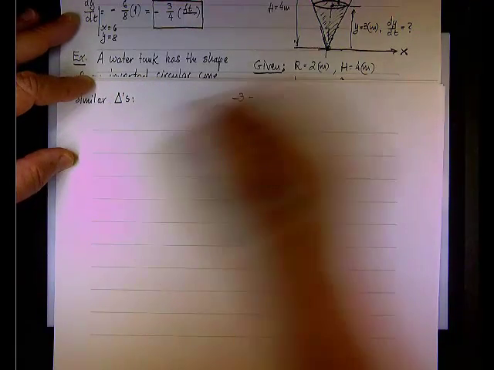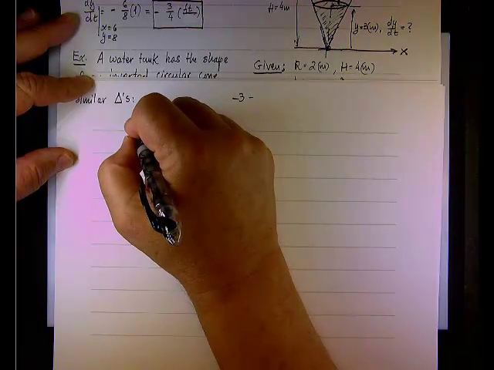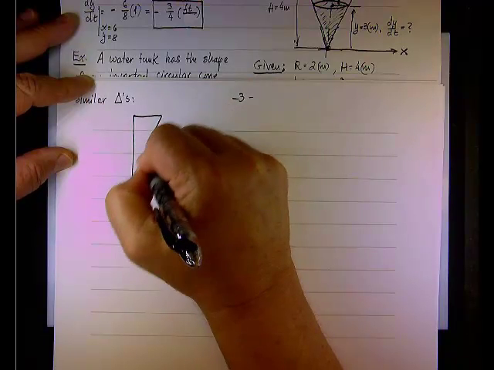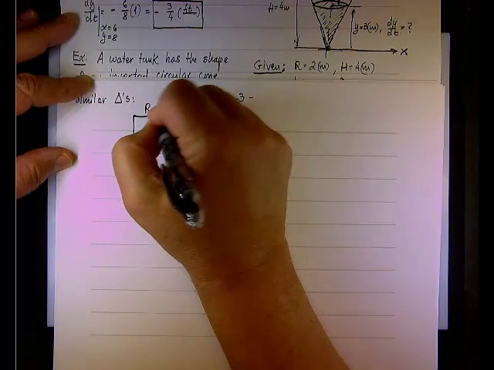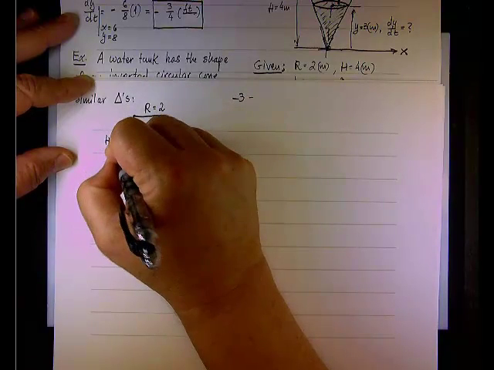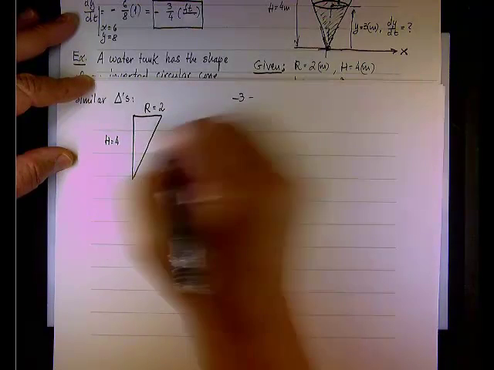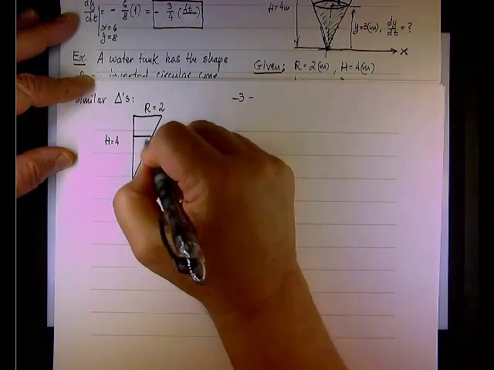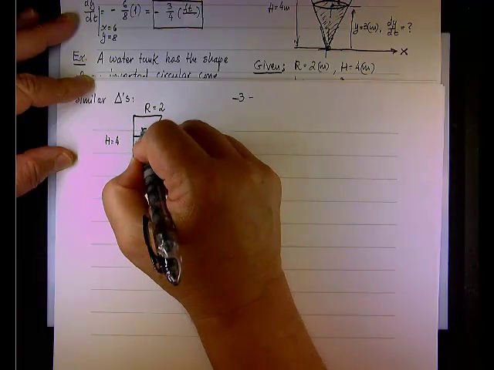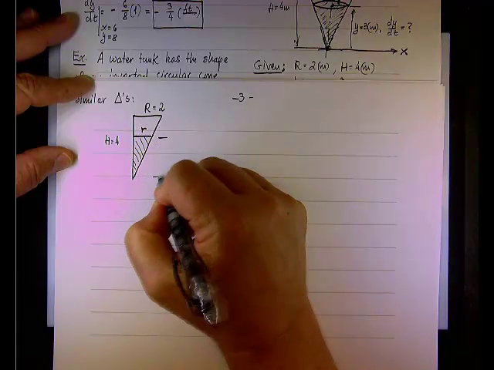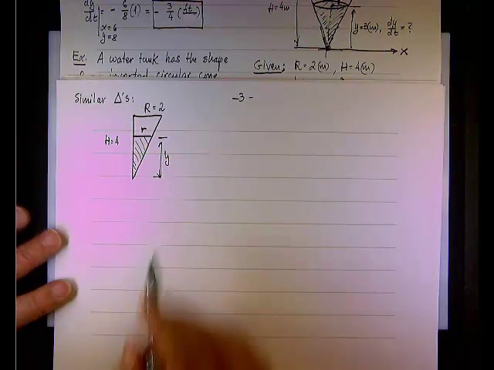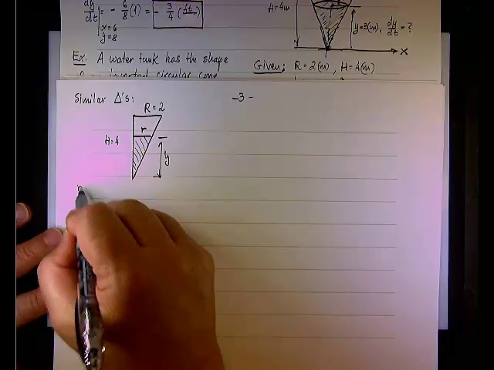How so? If you look at R over H, that is the triangle that is the profile of the tank itself. So we have R here, which equals 2, and we have H here, which equals 4, right? And then we look at the shaded water level, and at the water level we have r, and we have y, right?